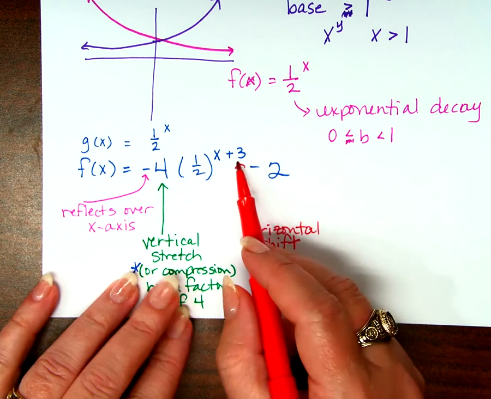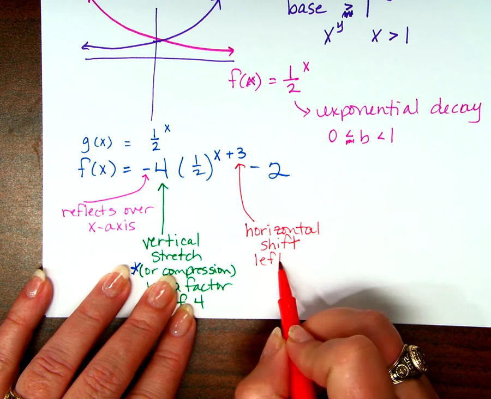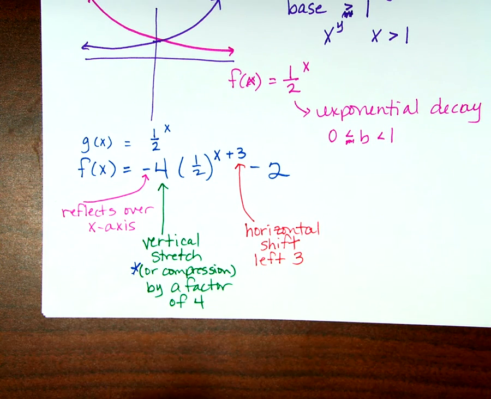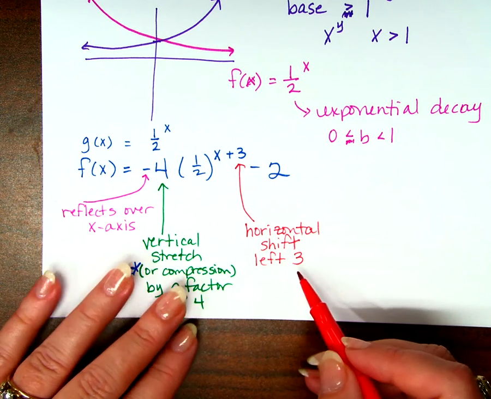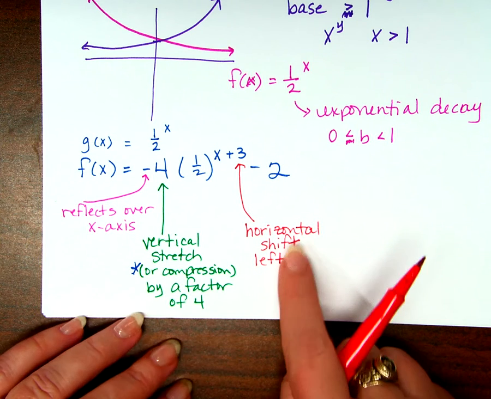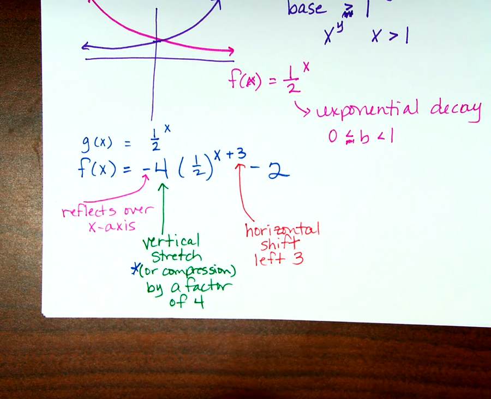Now this particular horizontal change is to the left 3. Remember, when it's inside, it's the opposite of what you think it would be. It'll move the opposite direction. You think it might be to the right 3 because it's plus 3, but it's really to the left. We know horizontal shifts can move to the left or the right. This particular one moves to the left, correct?